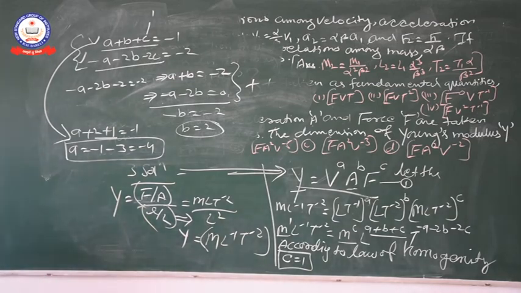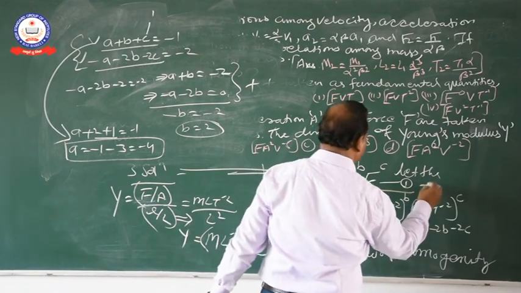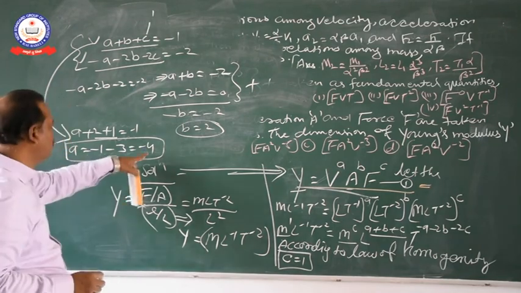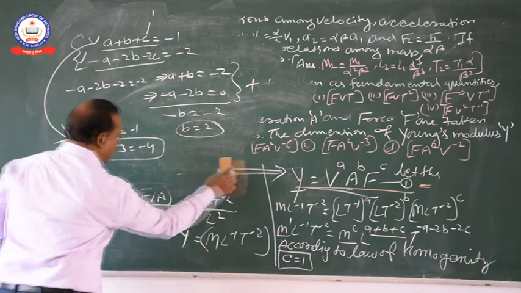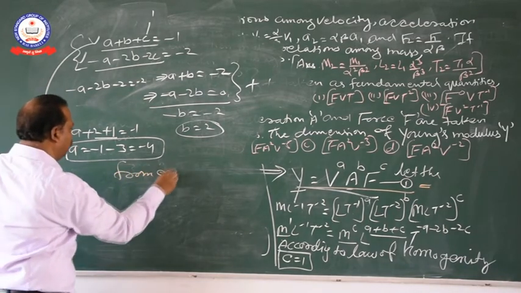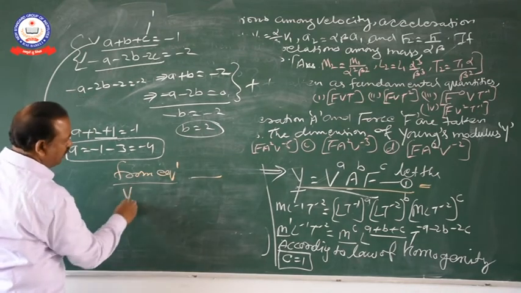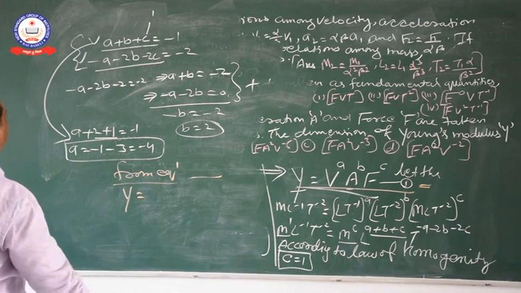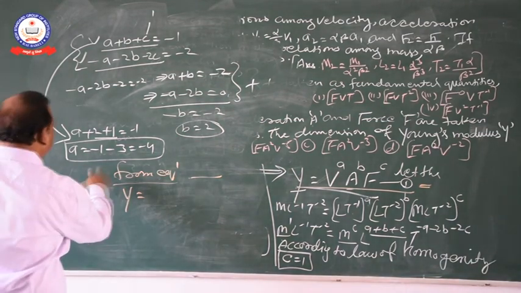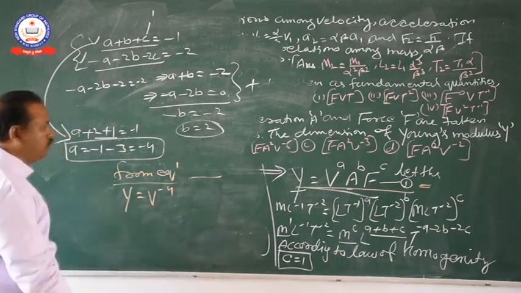So you establish the formula by using this. We put V raised to power a means minus 4. From equation number 1 we get y is equal to V raised to power a, V raised to power minus 4. Okay.